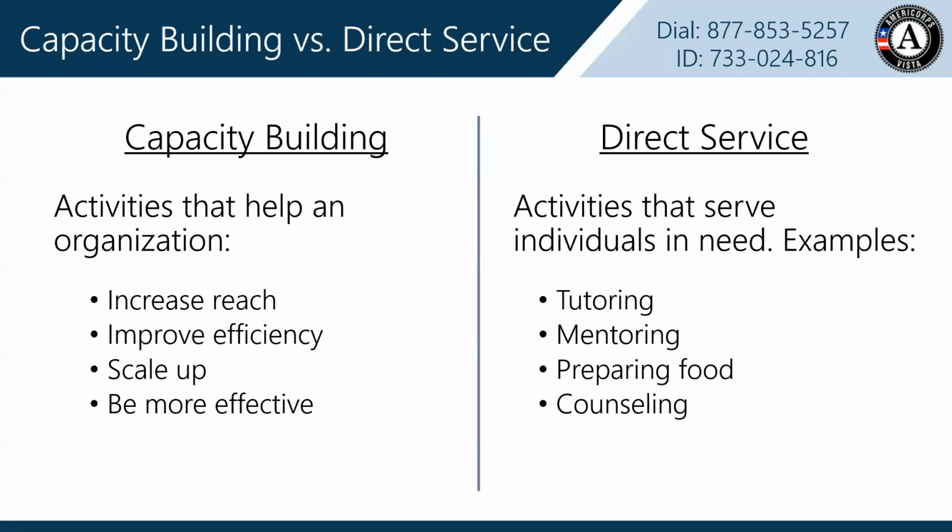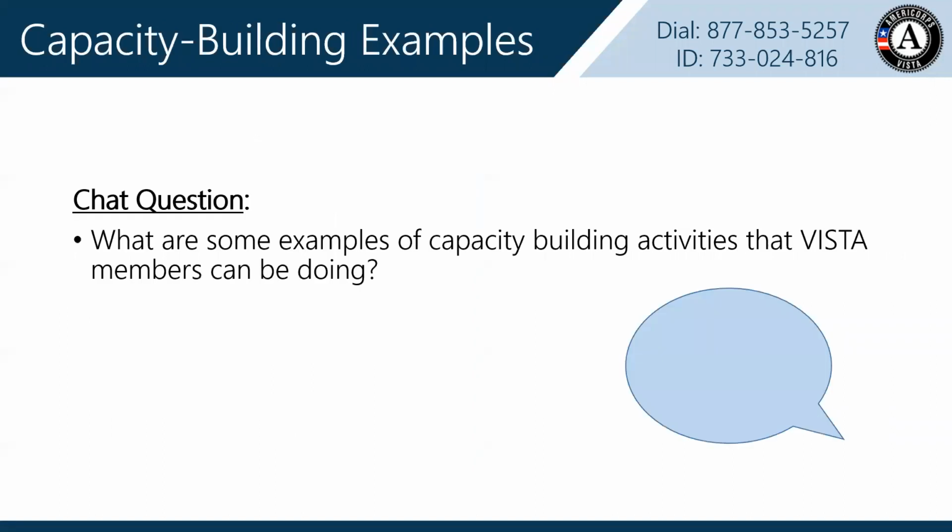And direct service is about providing tangible assistance directly to those who need it. Direct service, for example, planting a community garden or teaching a literacy course, are not the focus of the AmeriCorps VISTA program. VISTA is unique in this regard from the other streams of service. And with that in mind, let's go ahead and talk about the capacity building activities in your VADs.